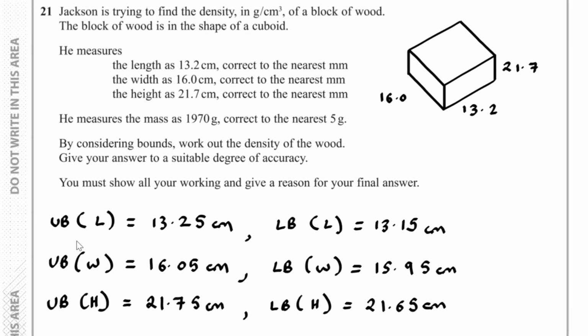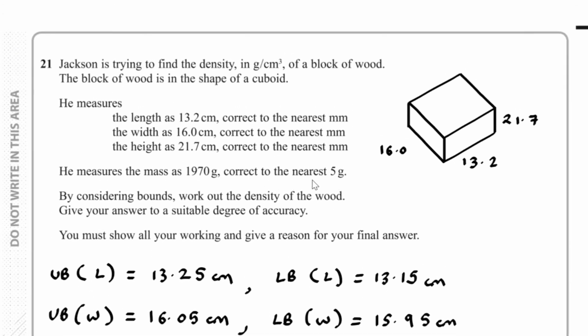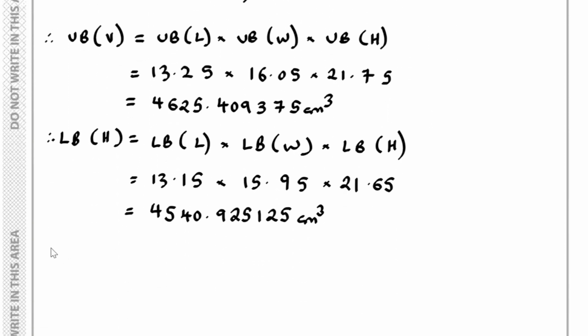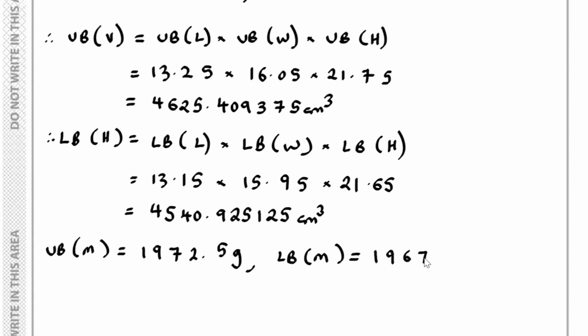Now we were also given the mass to the nearest 5 grams, so the upper bound of the mass is 1972.5 grams and the lower bound of the mass is 1967.5 grams. And with this, what we can now do is find the upper bound and the lower bound of the density.